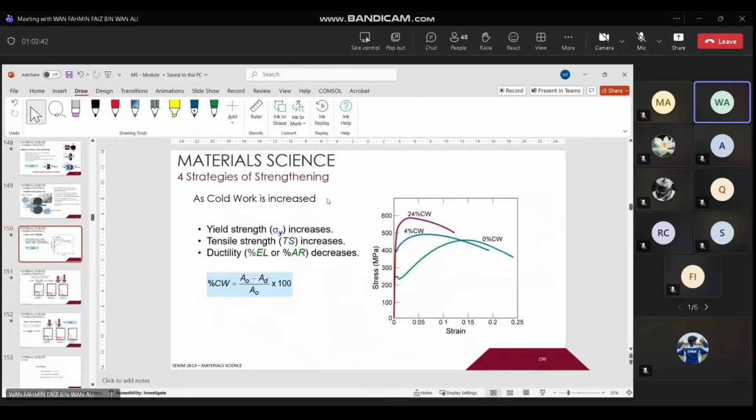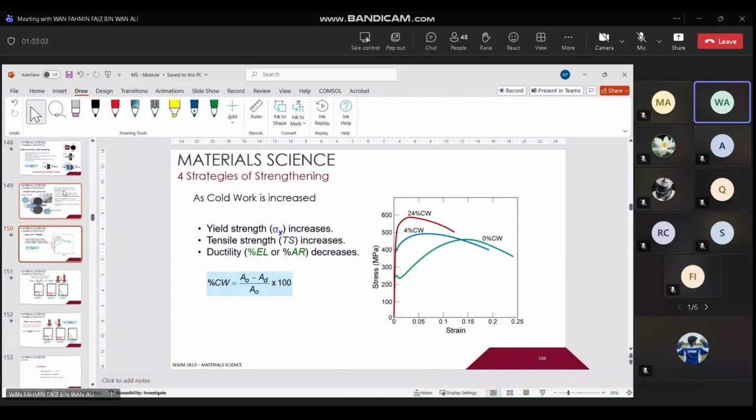Okay, so let's look into the practical application. For example, you have 0% cold work. You're talking about a stress-strain curve now. Right, the initial material, any material, you name it, aluminum perhaps, the green color, with 0% cold work. Then you apply the drawing process, about 4% of it.